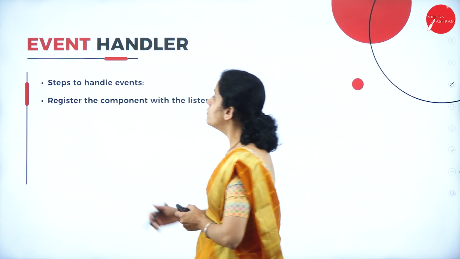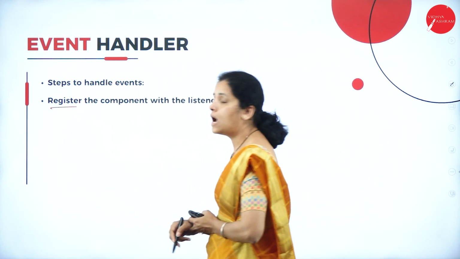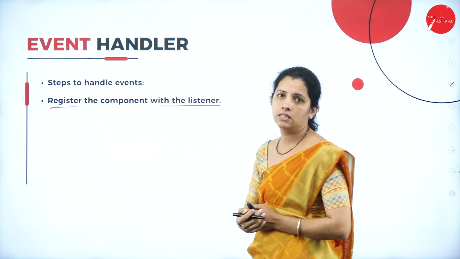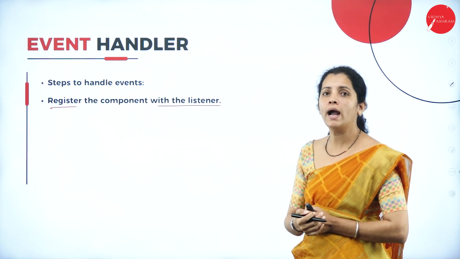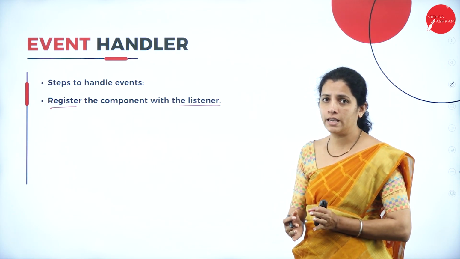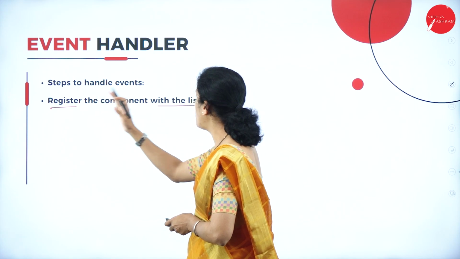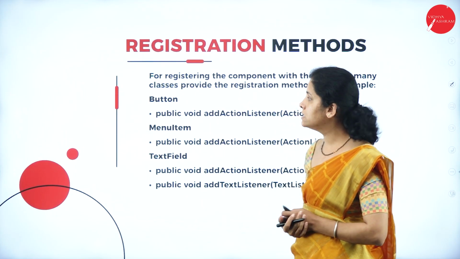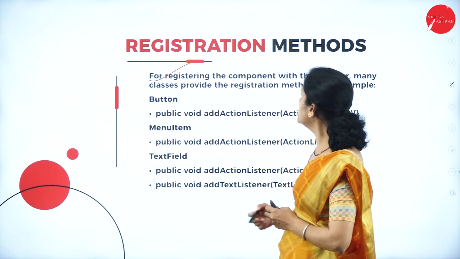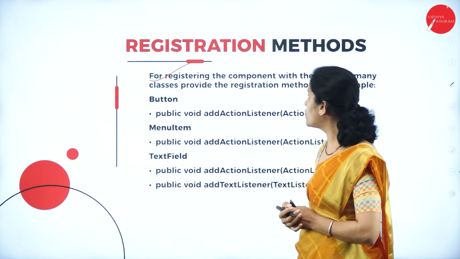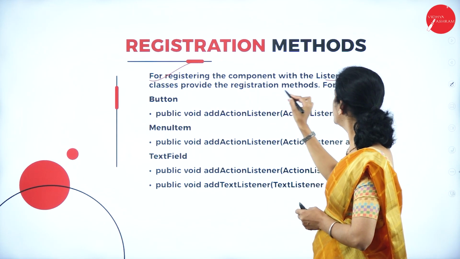So here, first what I have to do is register the component with the listener. If I want to handle the events properly, I must register the component with the listener. For registering the component with the listener, many classes provide a registration method.